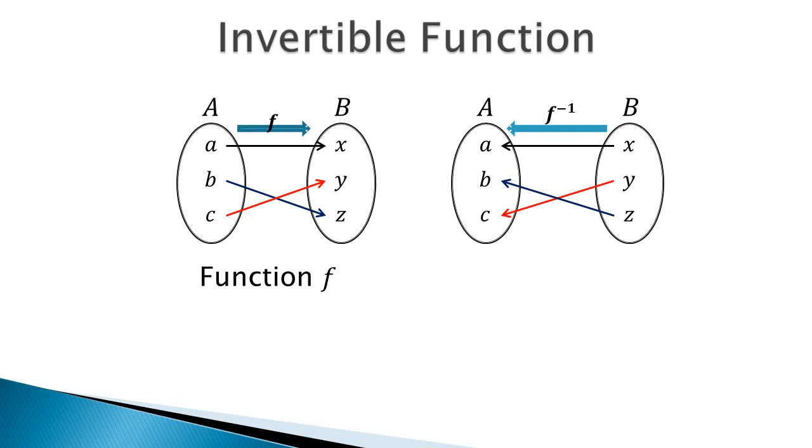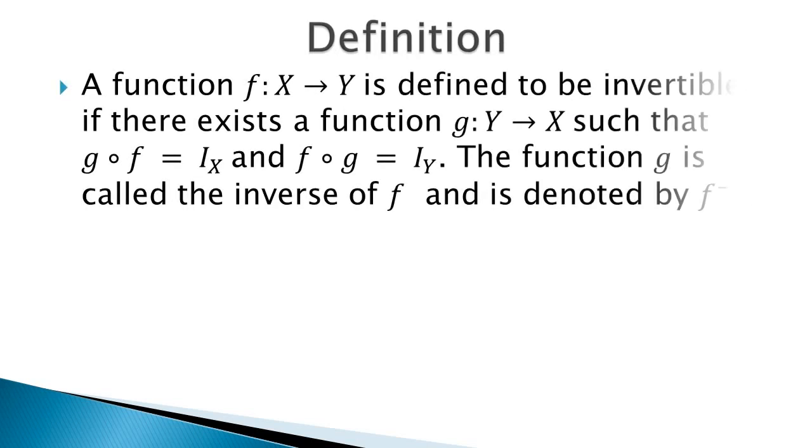If the image of a under the function f is x, then the image of x under the function f inverse is a, and this is the concept of inverse. What is the definition? You can see it here. Consider a function f from X to Y.